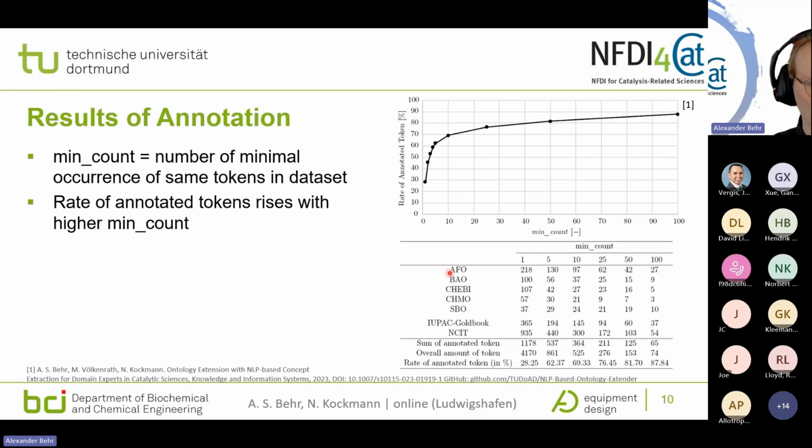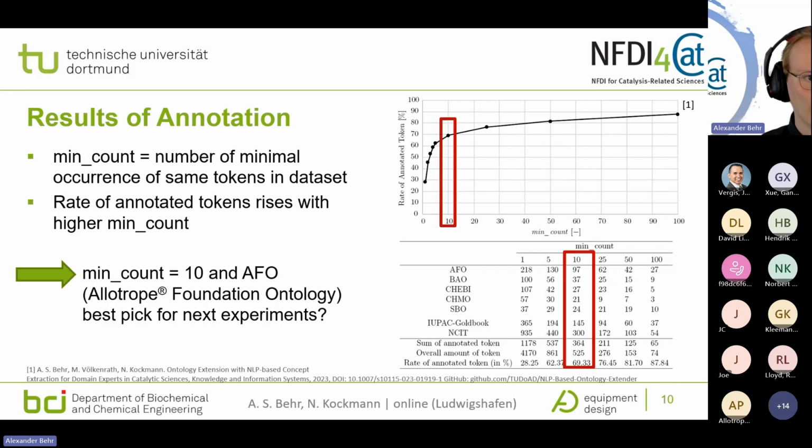And here you can see that we not only investigated the Allotrope Foundation Ontology, but also several others like the SBO, CHMO, KB, BAO, and we also investigated two not ontologies but thesauri, because they contain plenty of information, and especially when you're looking for textual definitions of classes, they contain a lot. So the IUPAC Goldbook and the National Cancer Institute thesaurus both contain pretty many classes, and their definitions are not really classes in an ontological way, but more or less words.